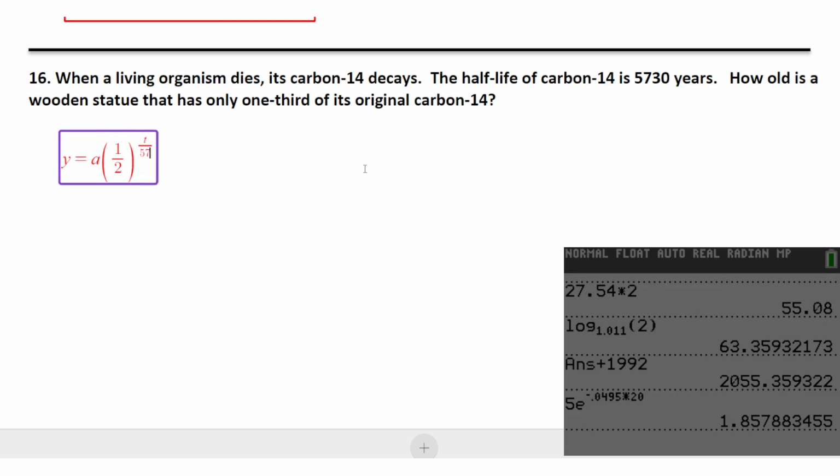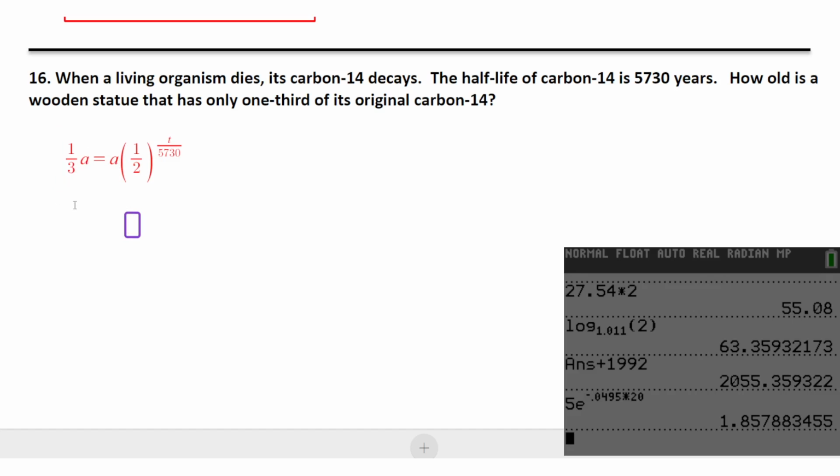So the length of the half-life in this case would be 5,730. And we don't know what the original amount was, so we're just going to leave it as this variable. And the final amount would be 1/3 of whatever was left. Okay, and here we're going to try to solve for t.